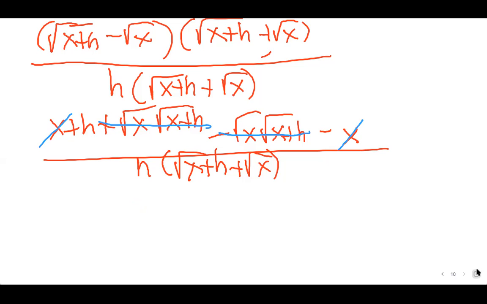Okay. So sa taas, ang matitira na lang is h over h times square root of x plus h plus square root of x. O, diba? And then h and h will be cancelled also. Yan, makakancel na ng dalawang h.